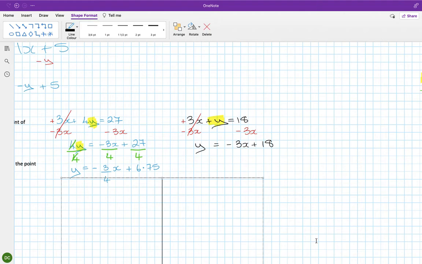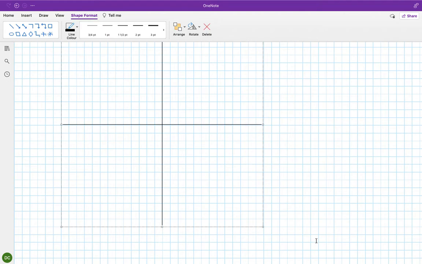On the left I have minus 3 over 4, and on the right I have minus 3. So they're pretty small. I think I'm going to try go up in 2 boxes on my x-axis. I don't think I'm going to need the negative, but I'll fill it in anyway.